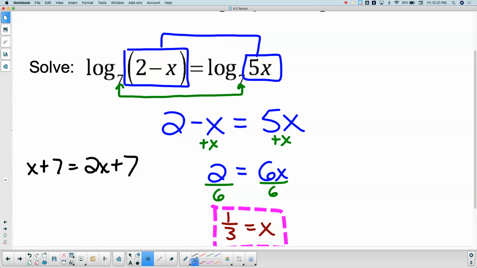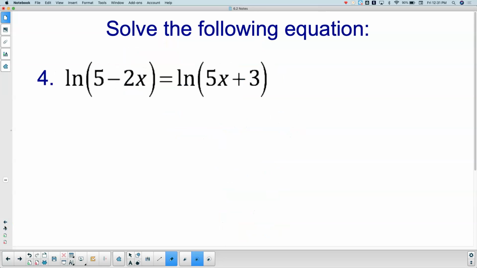These plus 7s cancel each other out. Right? Yeah. So these log base 7s cancel out the log base 7s. Same thing with natural logs. If it's natural log equals natural log, then you just set the arguments equal to each other and solve.